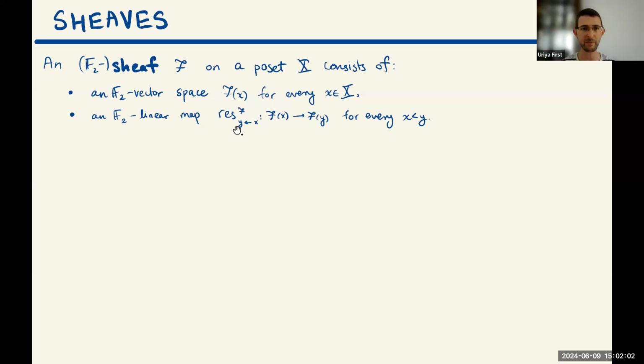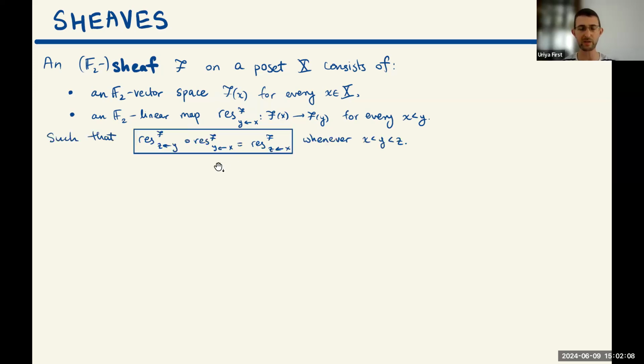This linear map is called a restriction map. And these things cannot be chosen arbitrarily. There is a requirement, a coherence condition, which says that if we go from curly F of x to curly F of y via our linear transformation, and then we go from curly F of y to curly F of z, then it's the same thing as going directly from curly F of x to curly F of z. And here we assume that x is less than y, which is less than z.